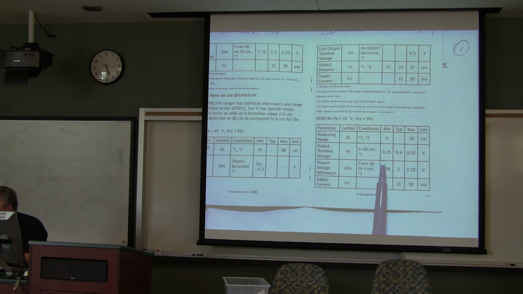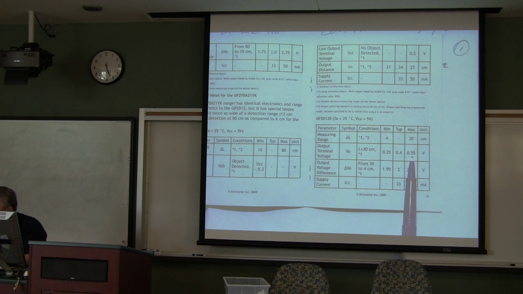So what they're saying is at 30 centimeters, you can typically see your voltage is going to be anywhere from 0.25 volts to 0.55 volts.